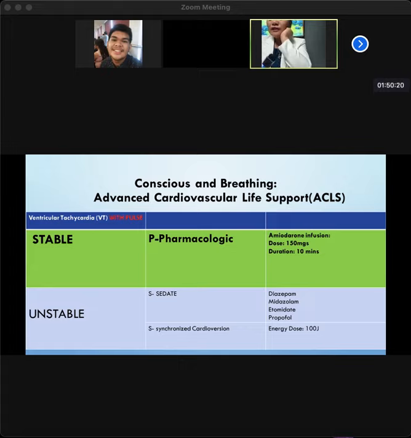But first, you have to sedate your patient using your diazepam, midazolam, etomidate, and propofol. We usually give midazolam 1 milligram IV para lang magkaroon ng amnesia and the patient will sleep. Okay? So, for the synchronized cardioversion of your VTAC with pulse, we give 100 joules initially and then pataas ng pataas until the patient will be cardioverted.